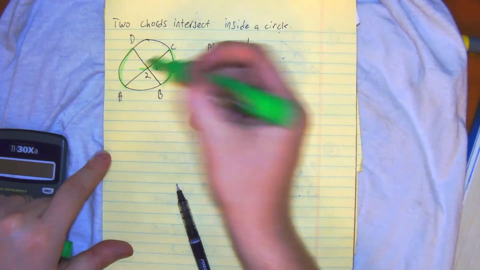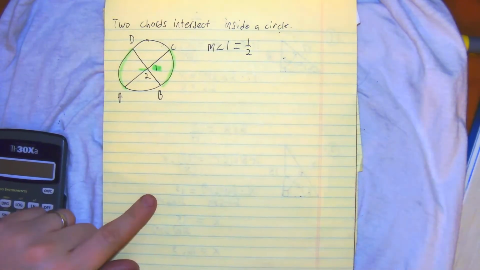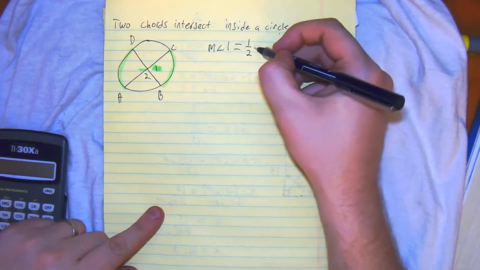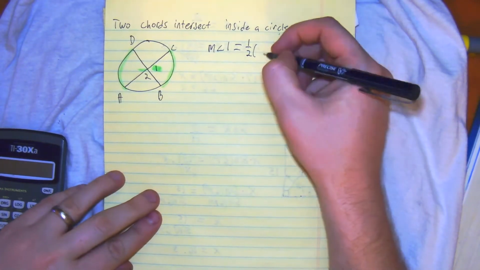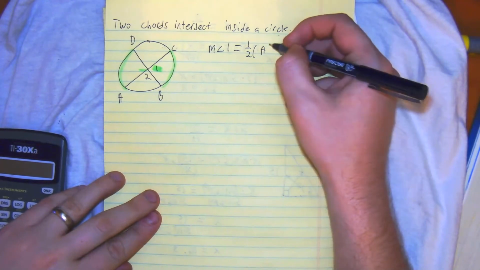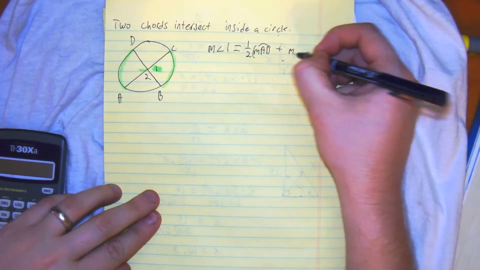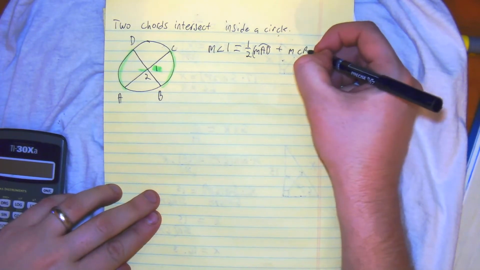Well, I'll just highlight this since those are equal. So the measure of angle 1 is equal to 1/2 of arc AD plus the measure of arc CB.